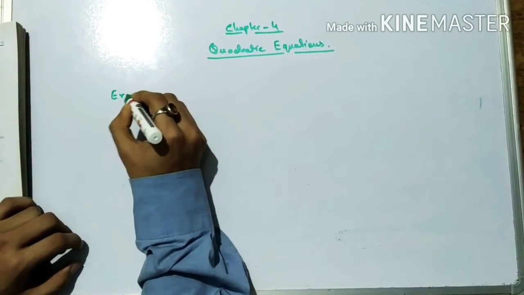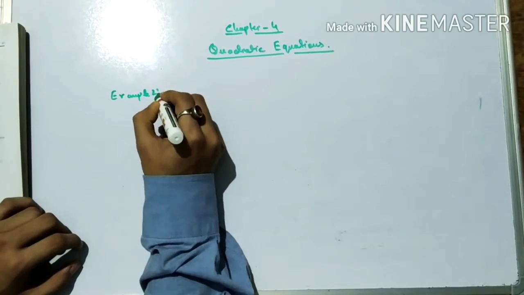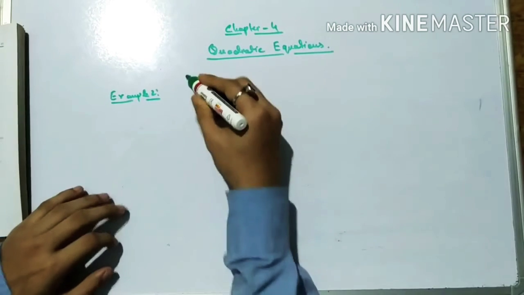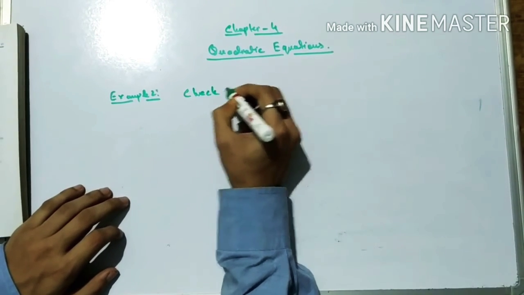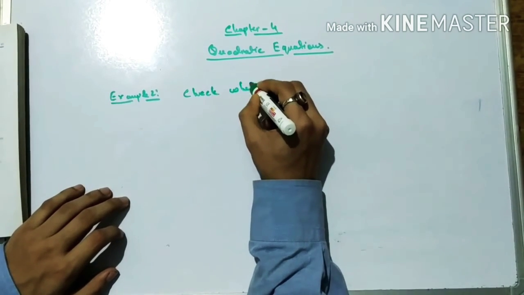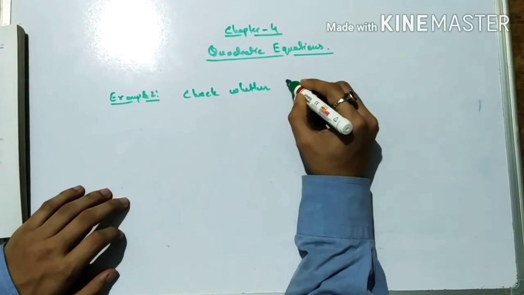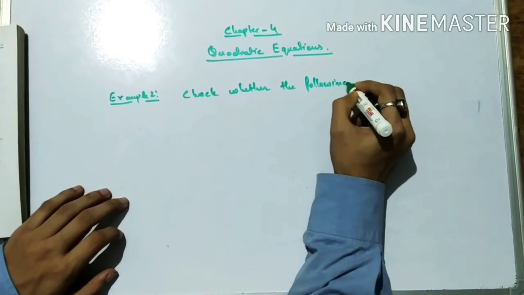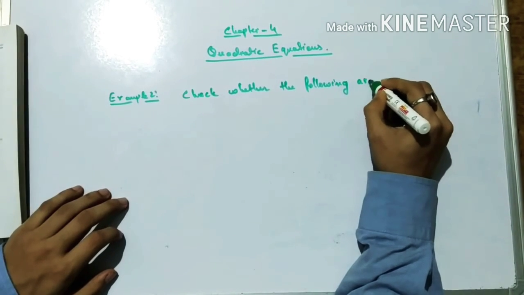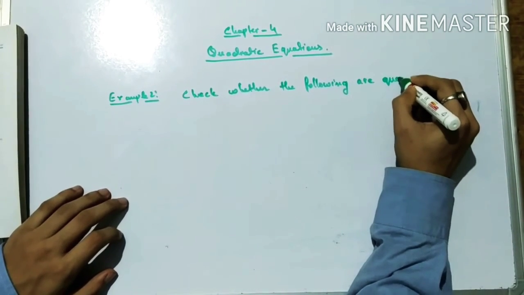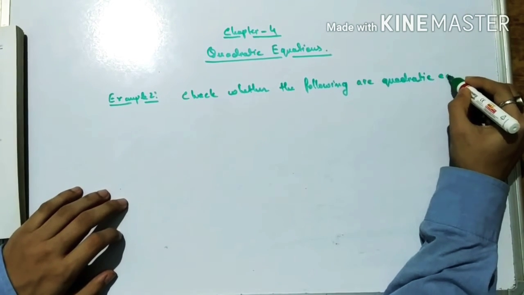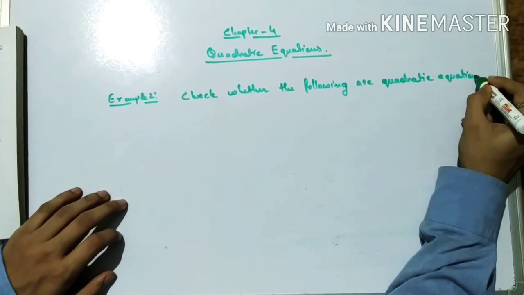Next you see example 2. Example 2 says: check whether the following are quadratic equations.